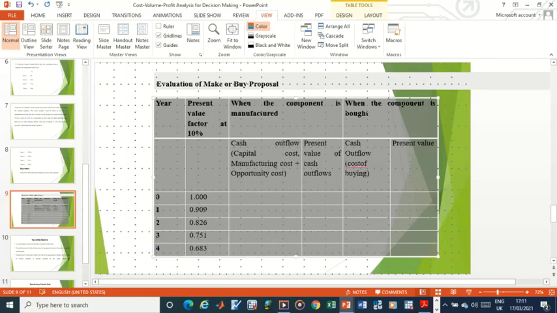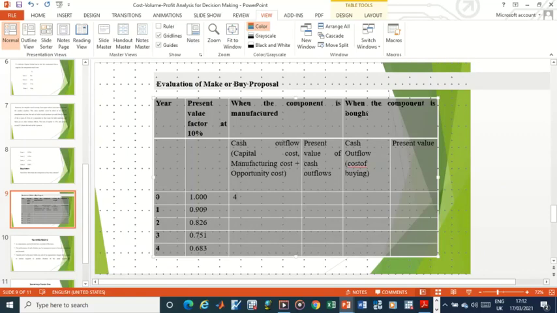Then the next thing to do here is to enter the figures, the amount for the cash flow. And for the first year, the cost of purchasing the component is 4 million naira. And that is what we come in here.